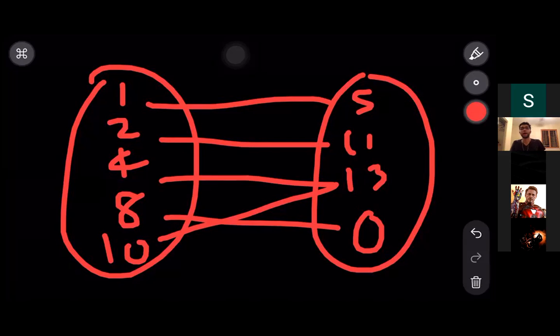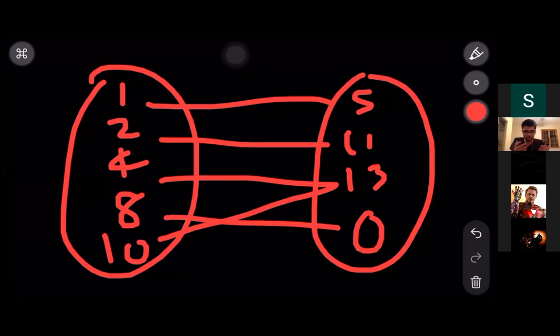Yes, because every number in my image set has a pre-image. 5 has 1, 11 has 2, 13 has two things coming to it, which we don't mind. We're not worried about 1-to-1, we just want onto. And 0 also has a pre-image, that is 8. 8 is mapped to 0. So everybody here has a pre-image, so it's an onto function. It's not 1-to-1 because 4 and 10 are mapped to the same number.